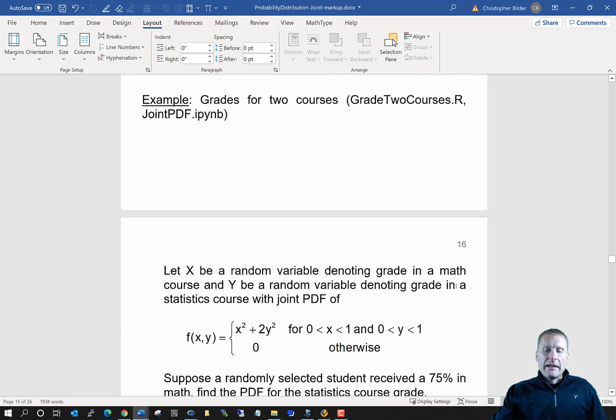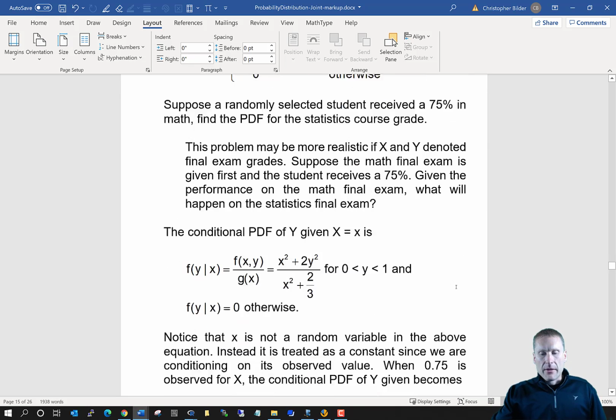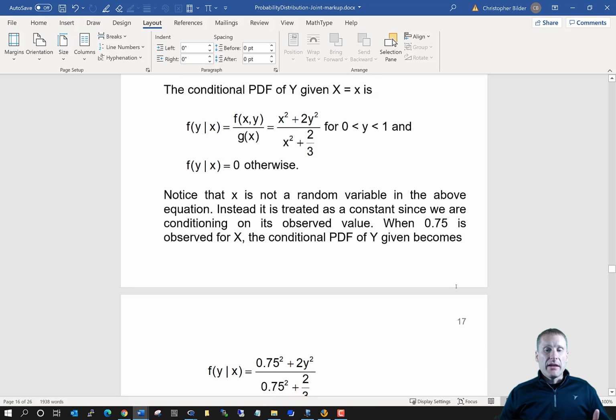Okay, so let's go back to this grades for 2 courses example. Now, if I want to find the conditional PDF of y given a particular value of x, then in that case, again, I take the joint PDF, x squared plus 2y squared, divide by that marginal PDF, g of x, which we found before to be x squared plus 2/3.